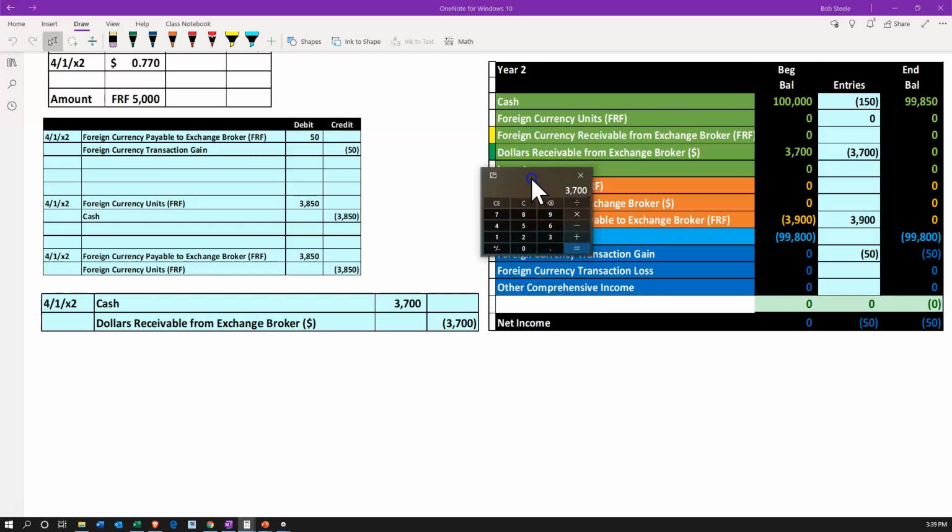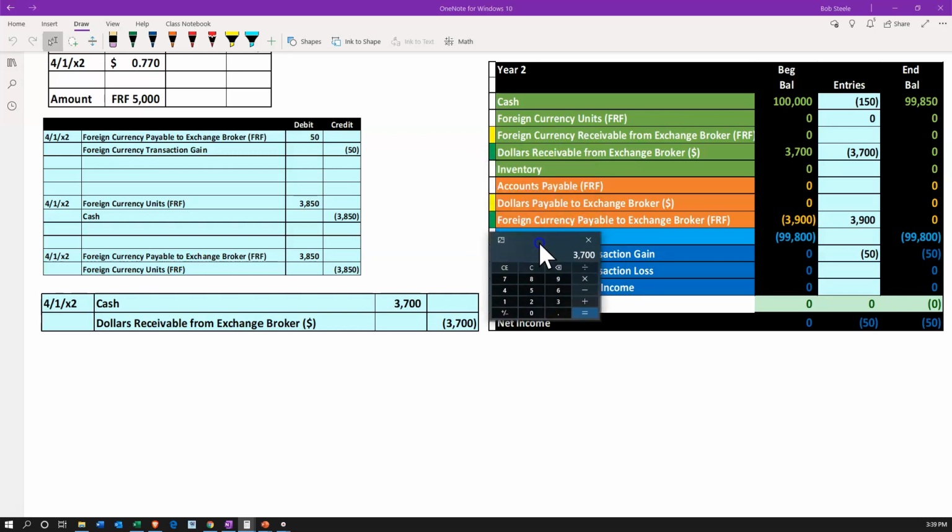and therefore you'll come out ahead. If on the other hand you do the green accounts, then you're going to have the foreign currency payable to the exchange broker in francs, the payable. You're going to actually pay this at the end of the contract in foreign currency, in francs. And if you're going to pay in francs, then you're hoping that the thing that you're paying with has gone down in value in relation to dollars.